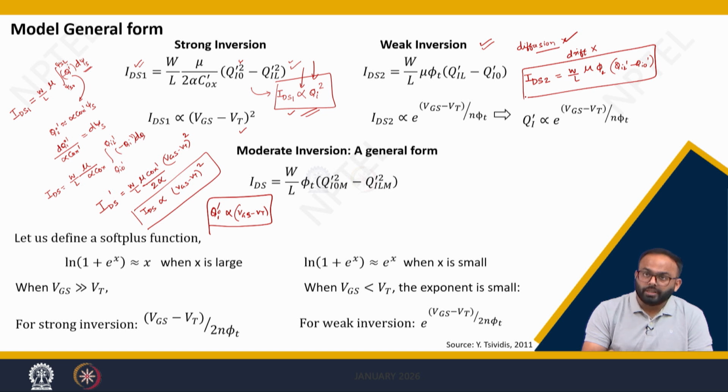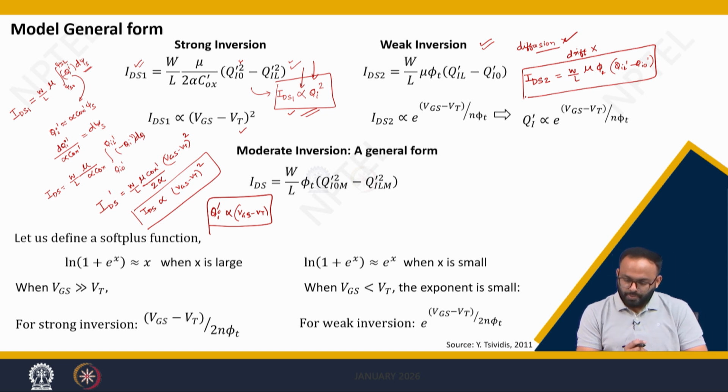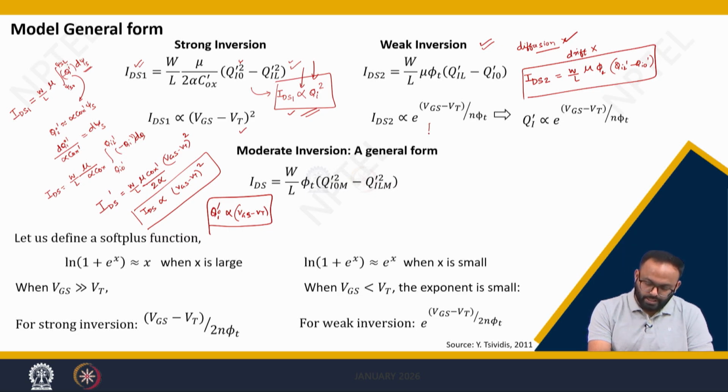This is a relation between current and the charge. Now how is the current with respect to voltage related? That we have also seen in the previous lecture, that it is exponentially related, meaning current is exponentially related to Vgs minus Vt divided by n times phi t. So if I want to represent in terms of charge and voltage Vgs minus Vt, it is exponentially dependent, right?